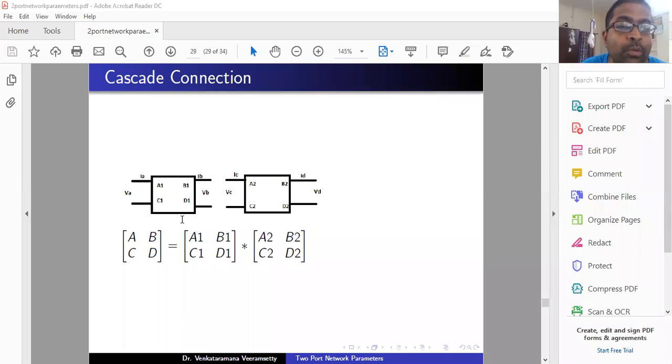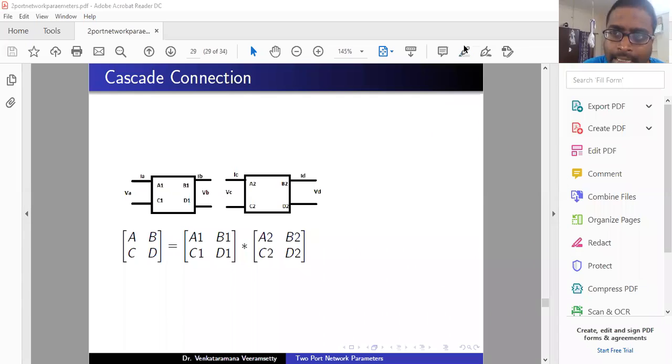final established two-port network? So what does the cascade connection mean? We will see. Cascade connection is nothing but the output port of one two-port network connected to the input port of another two-port network.